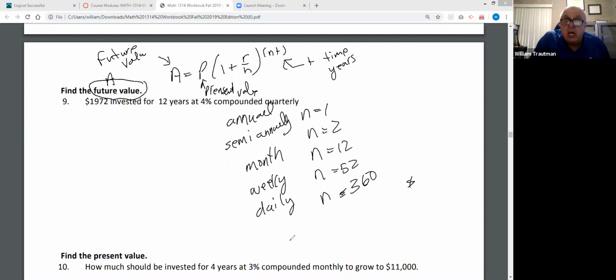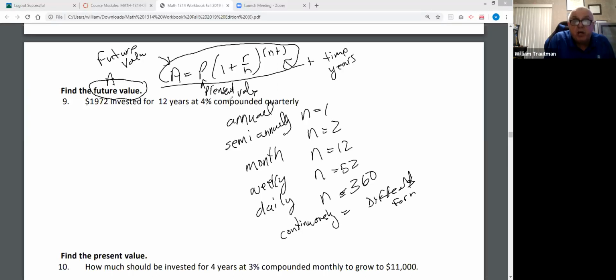And then there's also banks that compound it continuously. And that's a different formula. That other formula, different formula. So this was the one formula we're going to be using for this problem. But if you look on that sheet, compounded continuously, these are all the n's that we're going to be using.